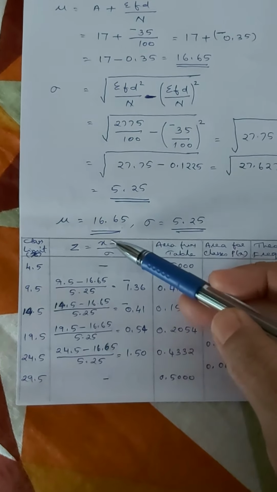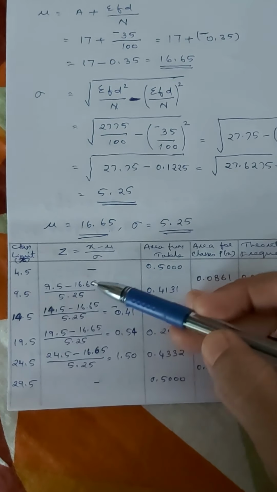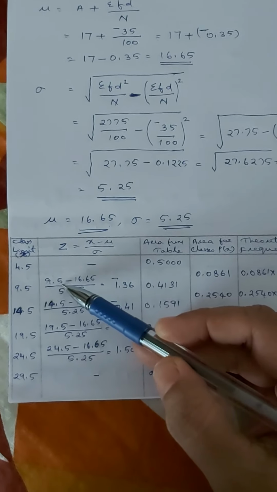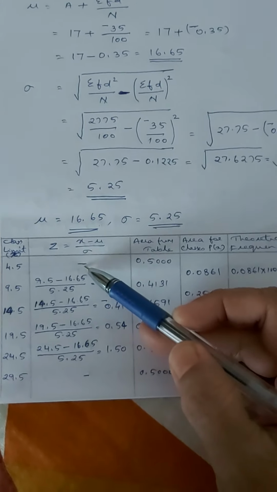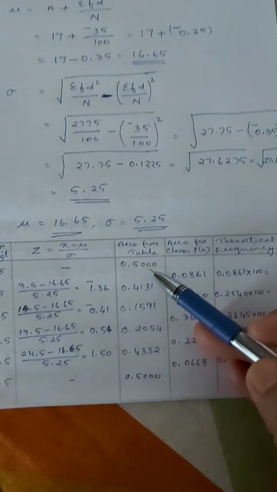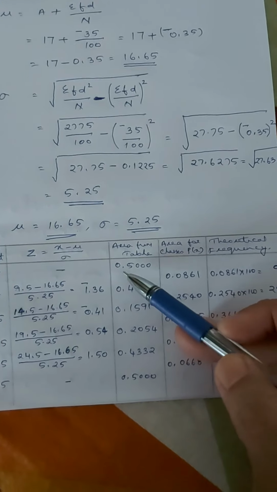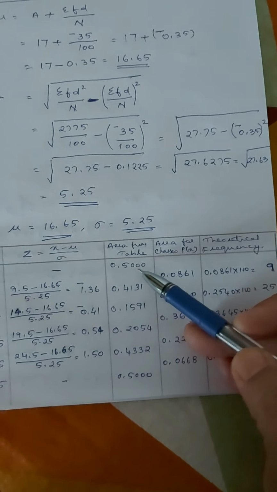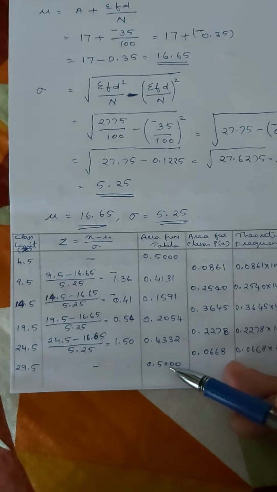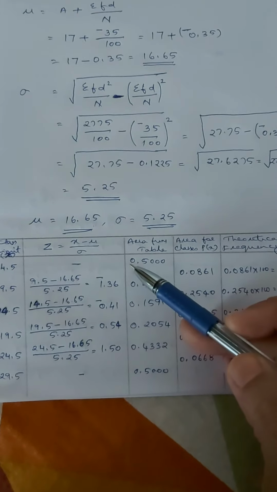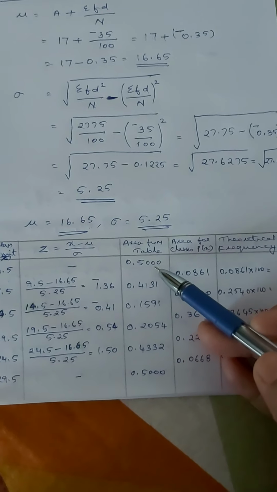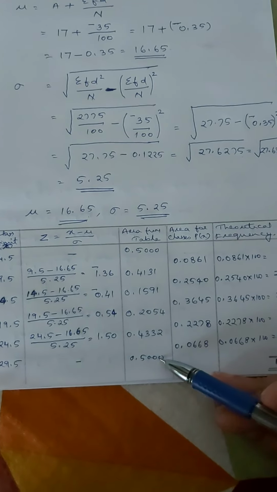Then z, that is x minus mu divided by standard deviation, that you also know: 9.5 minus 16.65 divided by 5.25. For both extreme values, the area from the table is assumed to be 0.5000.